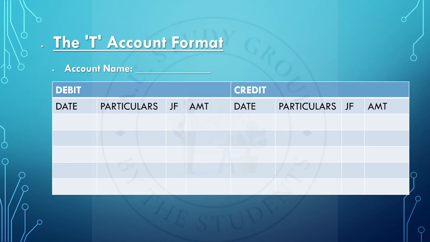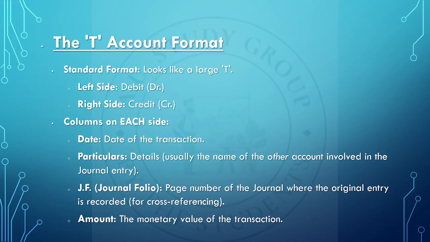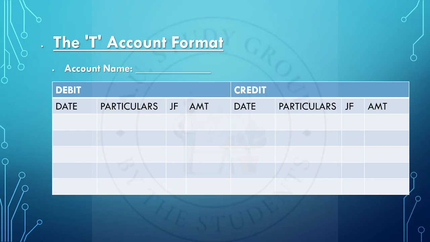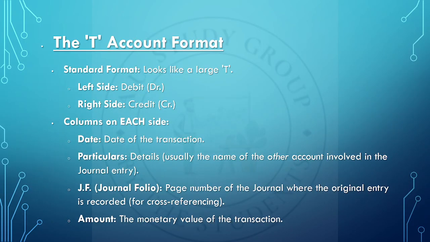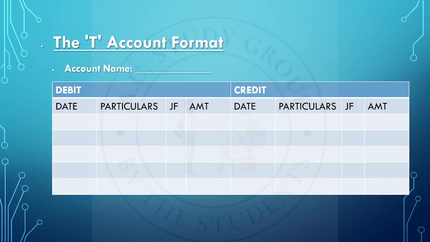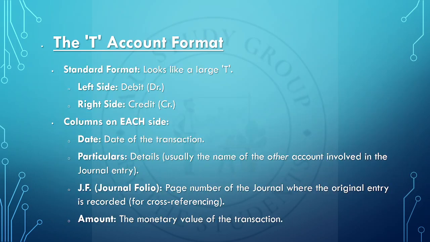Now each side has columns for date, particulars, journal folio, and amount. The standard format looks like a large T, left side debit, right side credit. Date is the date of the transaction.